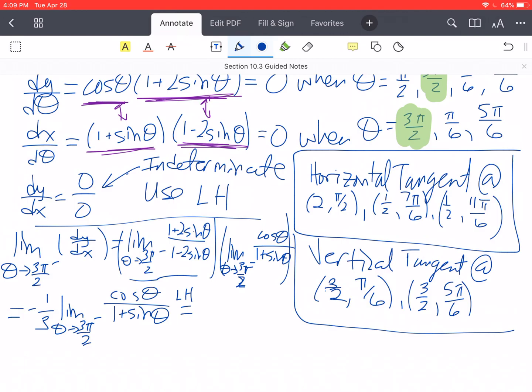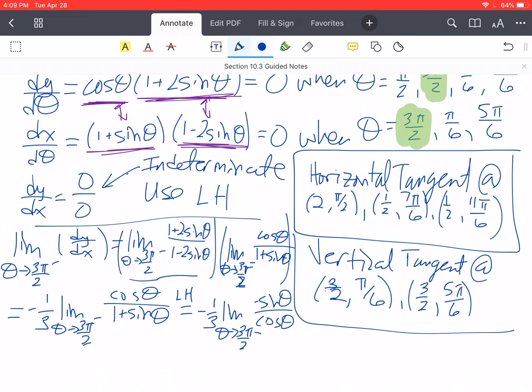So we take the derivative of the numerator and the denominator separately. Limit as theta approaches 3 pi over 2 of negative sine of theta over cosine of theta. Okay, and we're approaching from the left. So now, as theta approaches 3 pi over 2 from the left, we can see that the sine values are getting closer and closer to -1, so the numerator is heading towards 1, and the denominator, the cosine of theta, is getting closer and closer to 0.